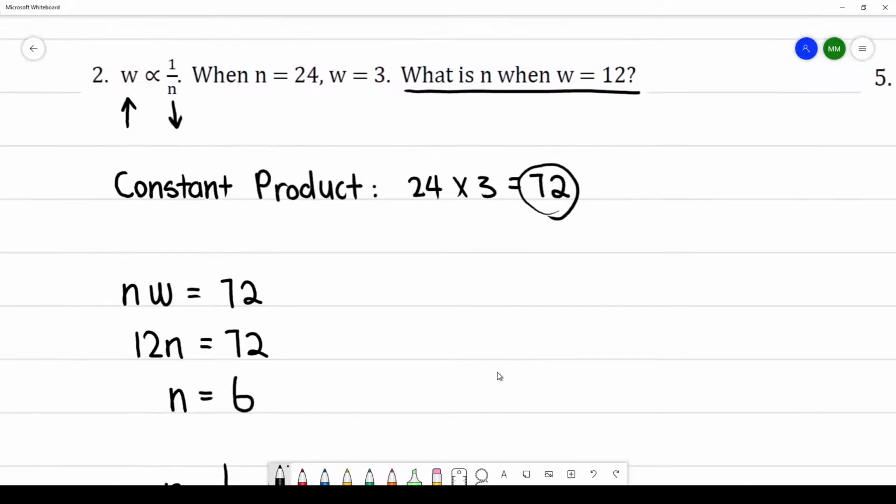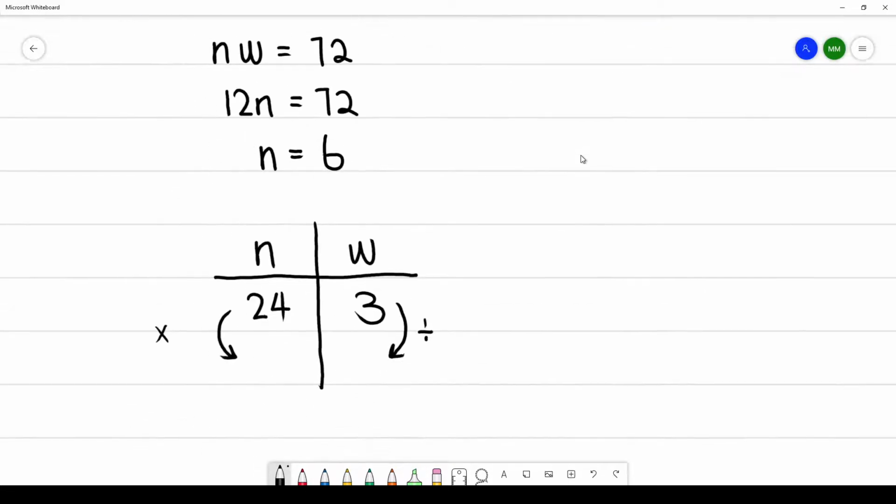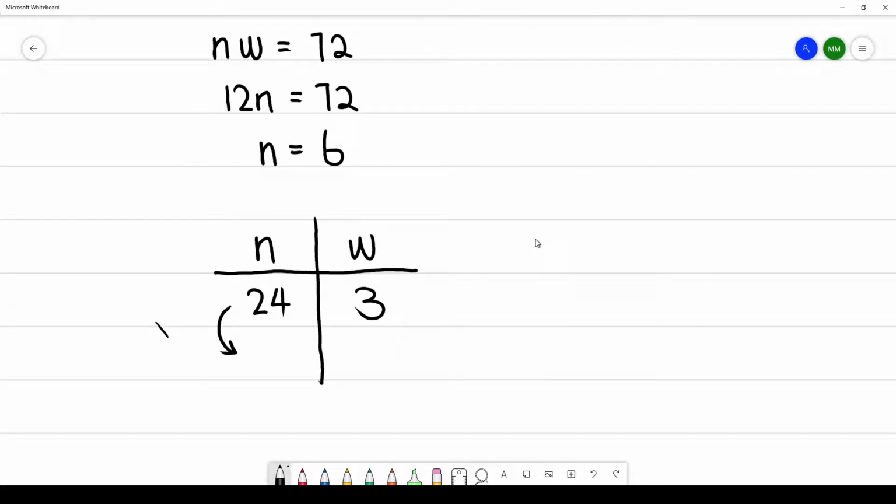Actually, it's the other way around here. So in this question, when you times w by something, you divide n by the same thing. And that is what it means by a constant product in inverse proportion.